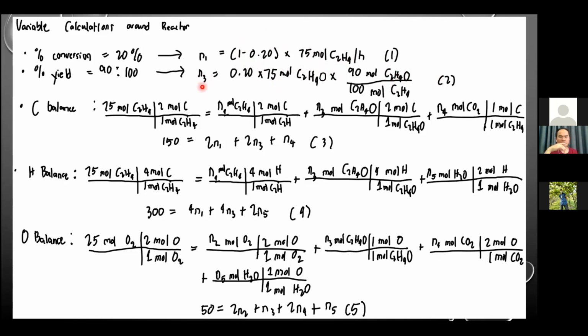For the percentage yield, it is mentioned that 90 moles of ethylene oxide emerges in the reactor products. So we're going to do input is equal to output.